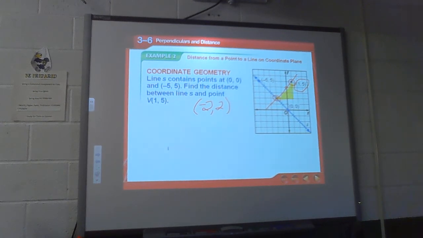So this to me is a little easier because now if I come back, can I find out what the distance from this point right here to that point right there is? That's what? 1, 2, 3.